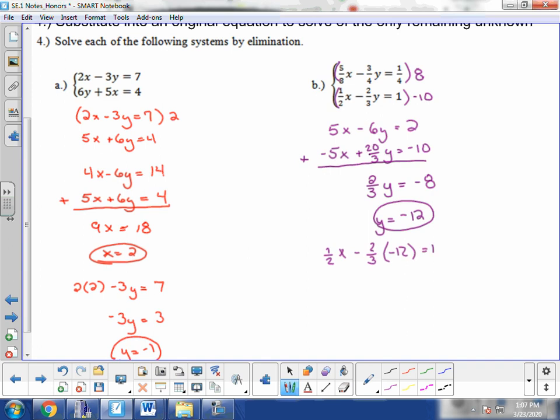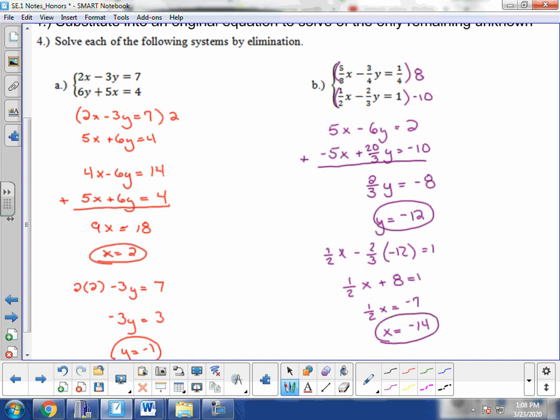Equal to 1, I can solve for x again, so 1/2 x plus 8 equals 1. So 1/2 x, let's subtract 8 on both sides. So 1/2 x equals -7. So x should equal -14.